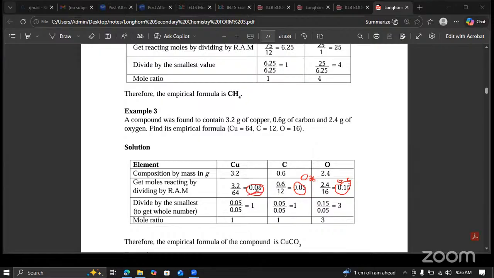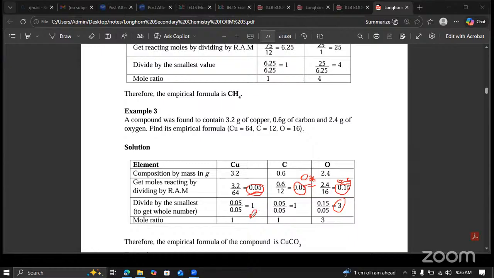you see this place, ukipata 0.5, for example 0.5 and 0.25, there is a rule that I mentioned that ukipata hapa 0.5, you multiply by 2 all sides, that is from oxygen, carbon and copper. That rule does not affect before you do the division, ina affect kutoka hapa sasa.